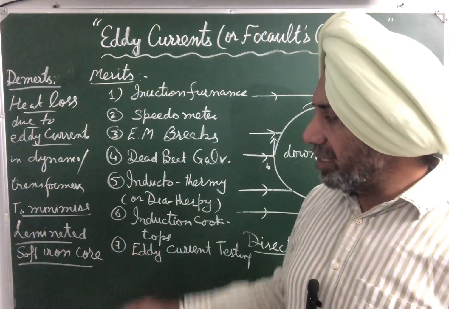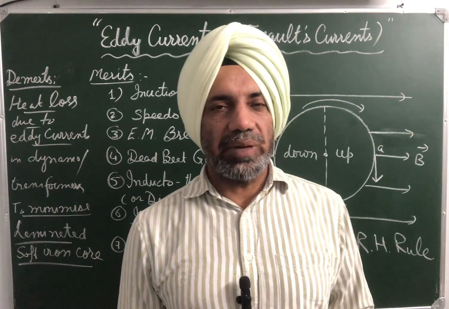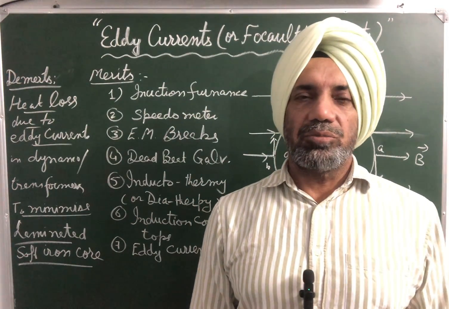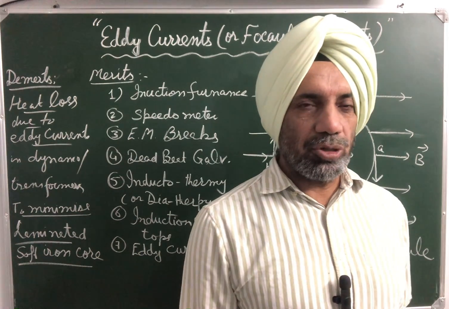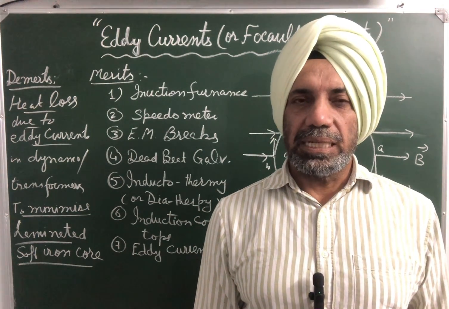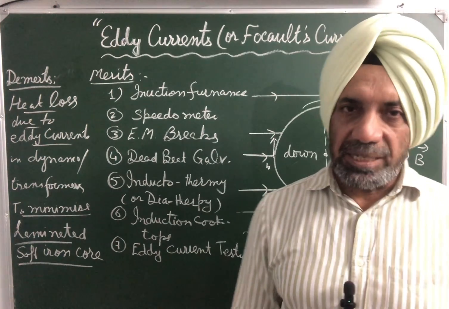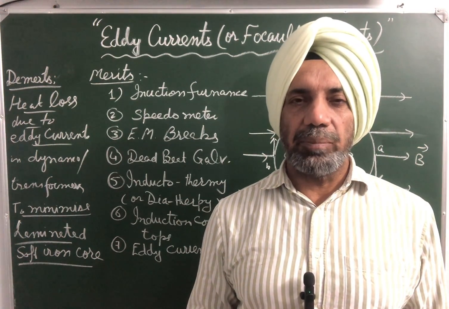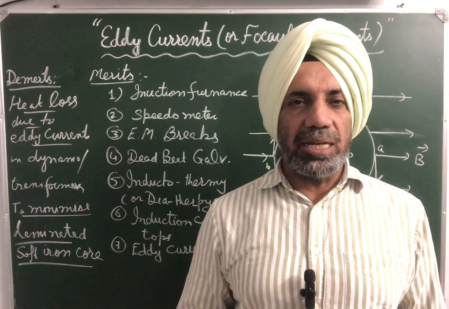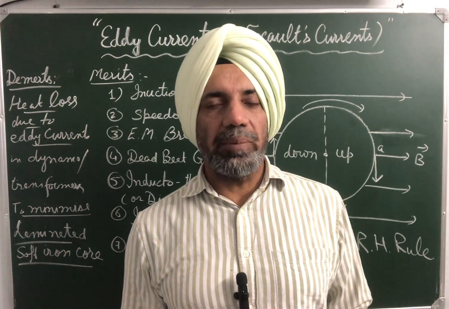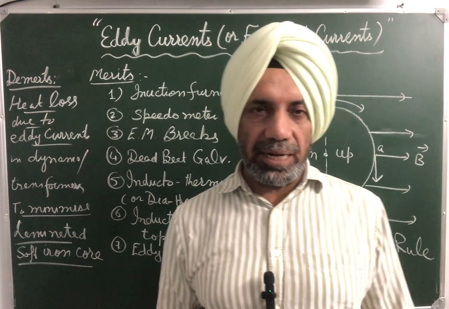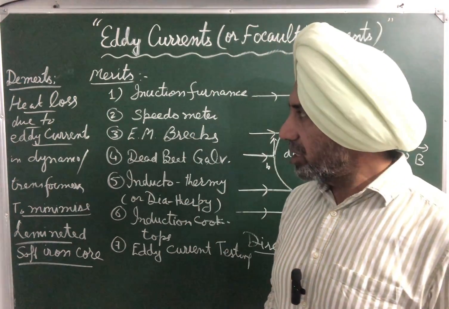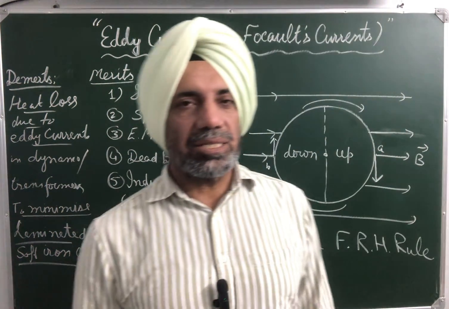When we have to minimize it, in the case of transformers or dynamos we use a laminated soft iron core inside the coil, because a laminated soft iron core consists of a large number of thin sheets placed one above the other, well insulated from each other, to reduce the production of eddy currents and hence minimize the energy loss. So this is all about eddy currents, its merits and demerits.